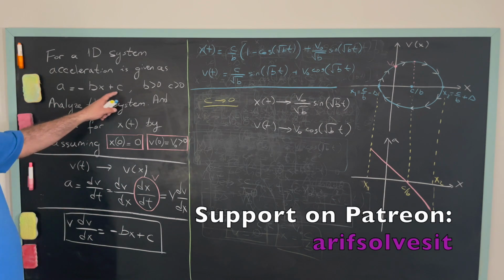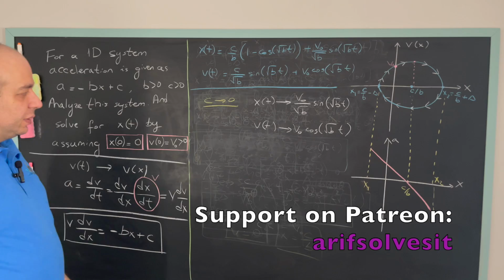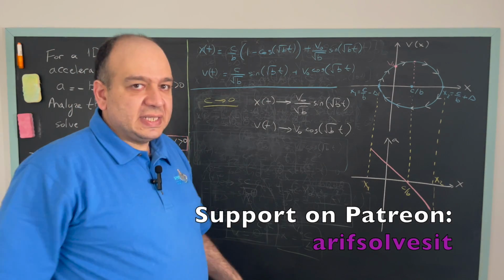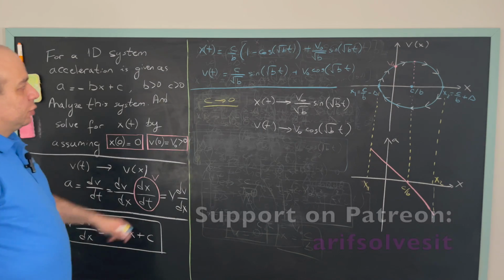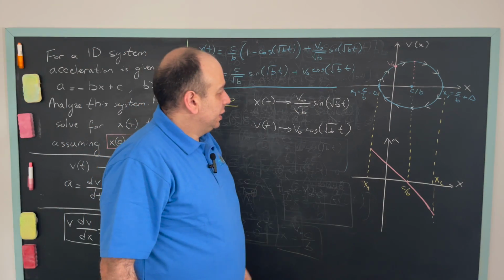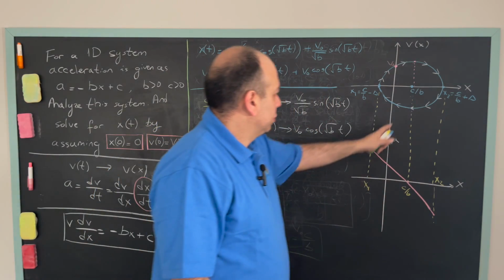So when c is 0, a is given as minus b times x and b is positive here. So later on we will see that this is nothing but a simple harmonic oscillation. So this is also simple harmonic oscillation with its equilibrium point a little bit shifted due to the term c.